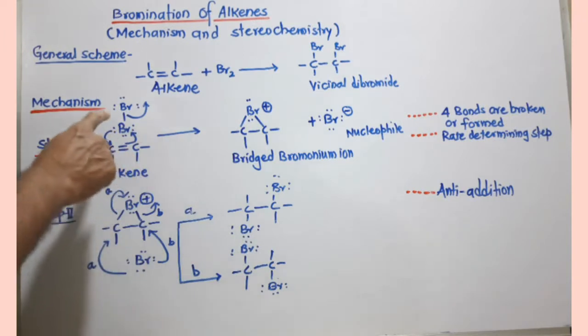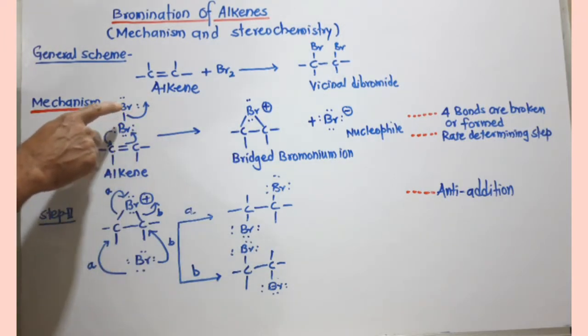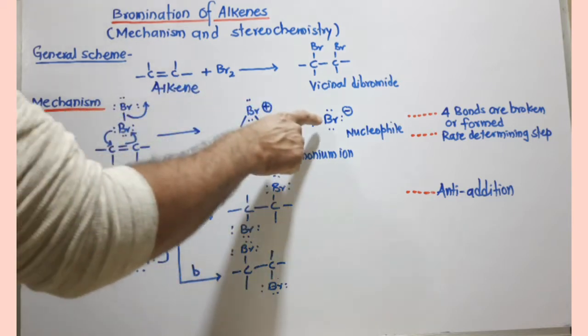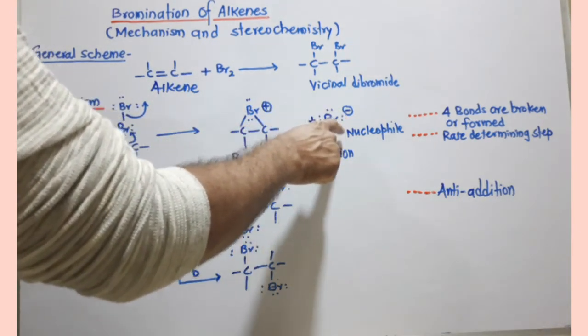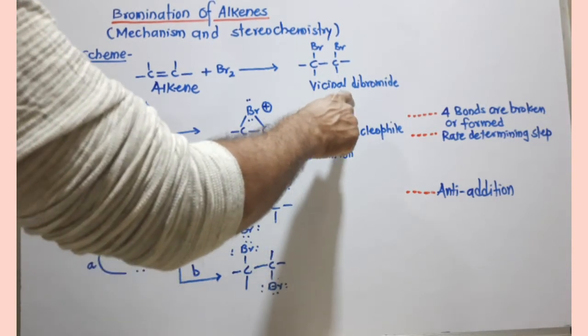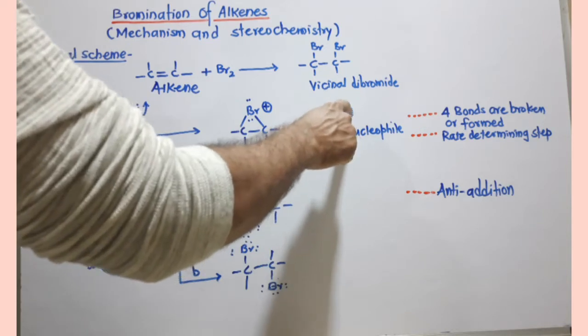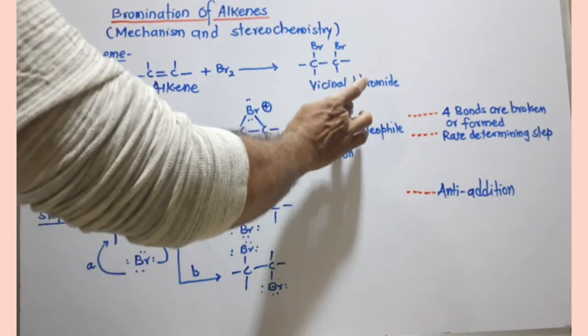Right. So after breaking this bond, Br now has 4 lone pairs. 4 lone pairs means 8 electrons are there on this Br, and because of this 1 electron is extra and it bears a negative charge. So negative charge means a nucleophile is generated here.